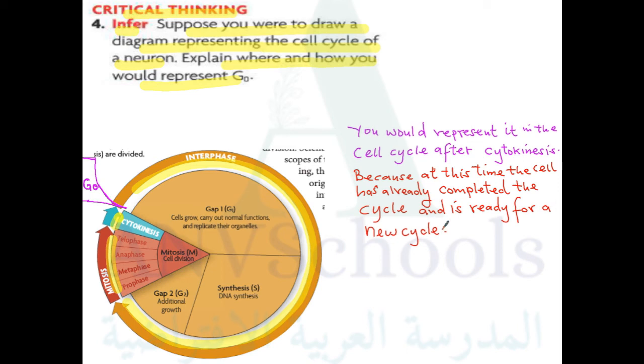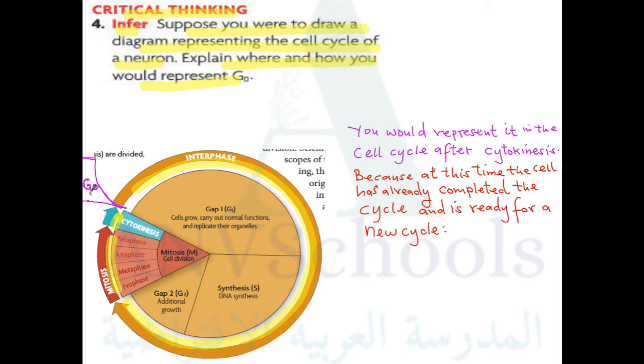But because this cell is not supposed to divide immediately, it will instead enter the G0, and in the G0 there will be no division until when division is needed.